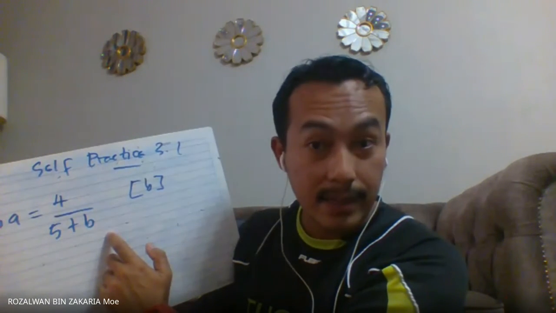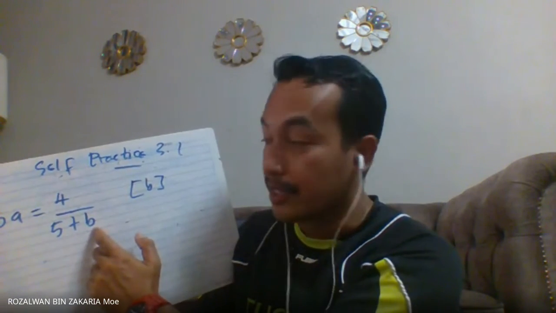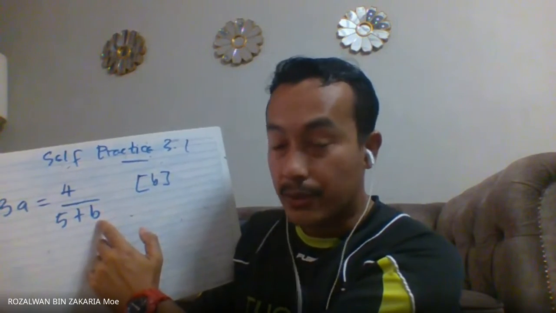When you bring division to your left side, it will change to multiplication. So it will become 3A multiplied with 5 plus B, then equal to 4.